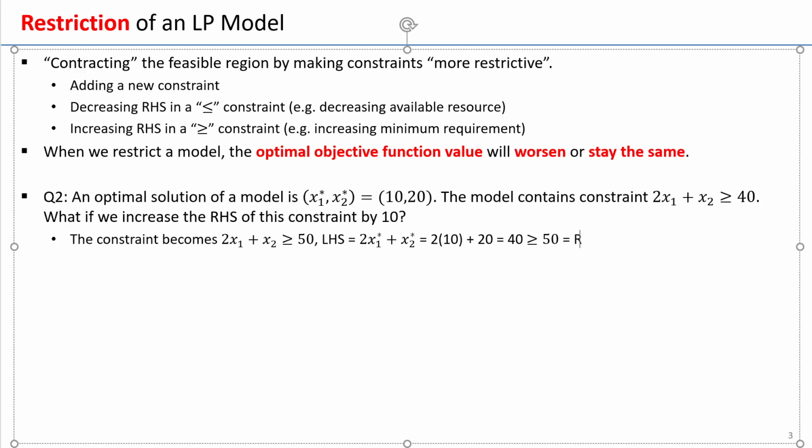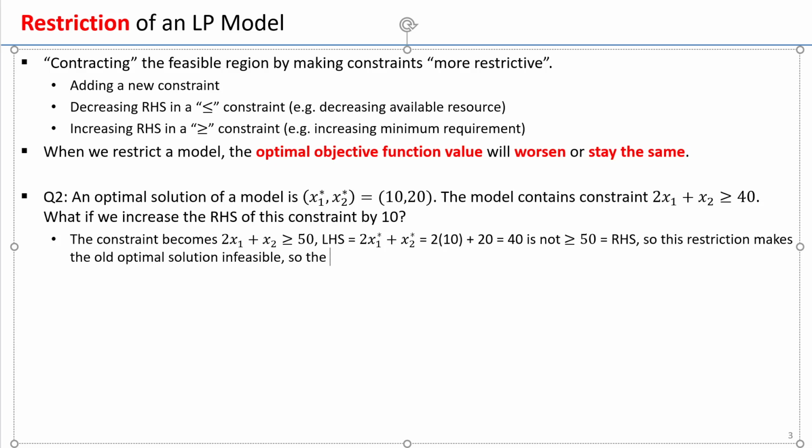However, it is not. It's not greater than or equal to 50, which is the requirement in the constraint. So this restriction makes the old optimal solution infeasible.